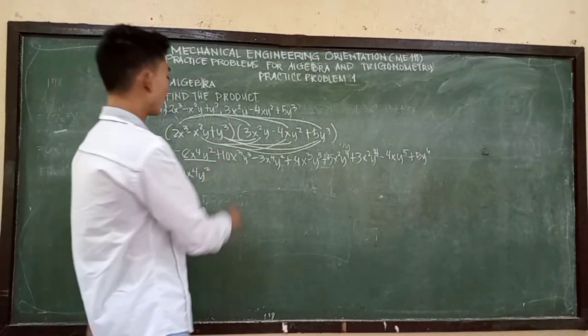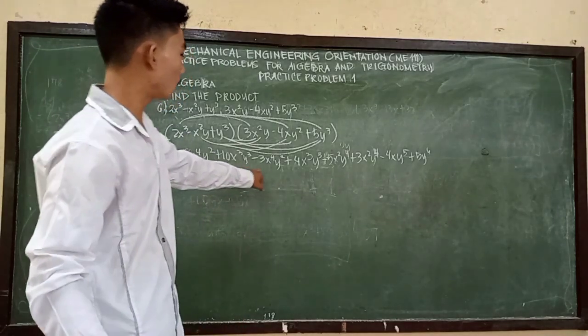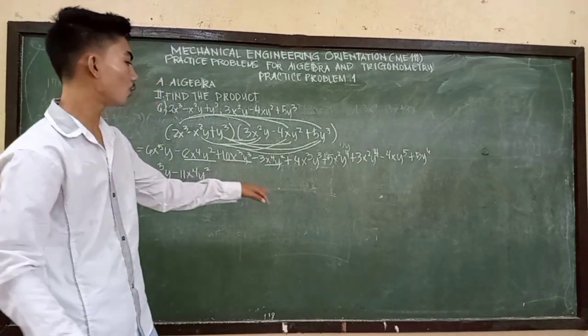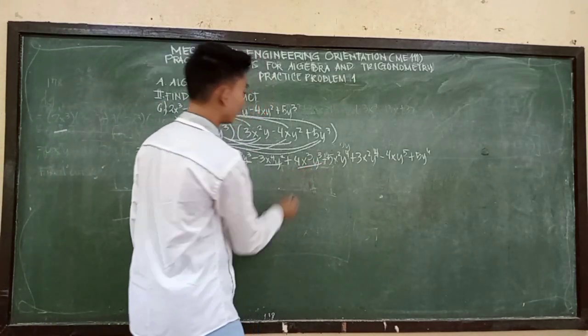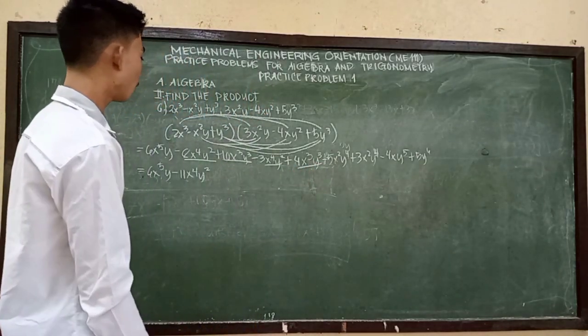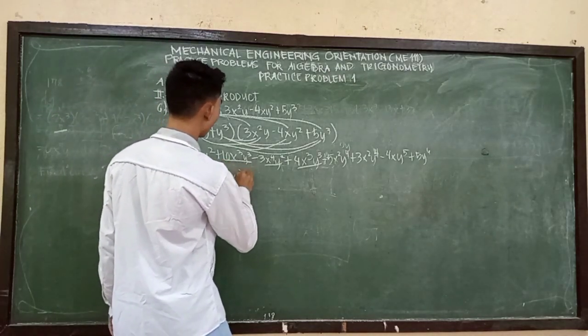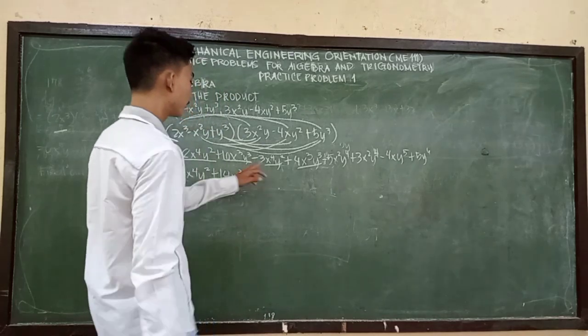And then 10x cubed y cubed plus 4x cubed y cubed will give us positive 14x cubed y cubed.